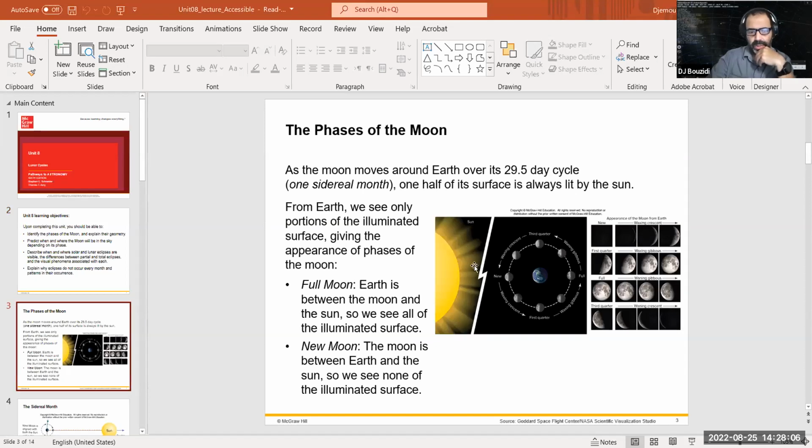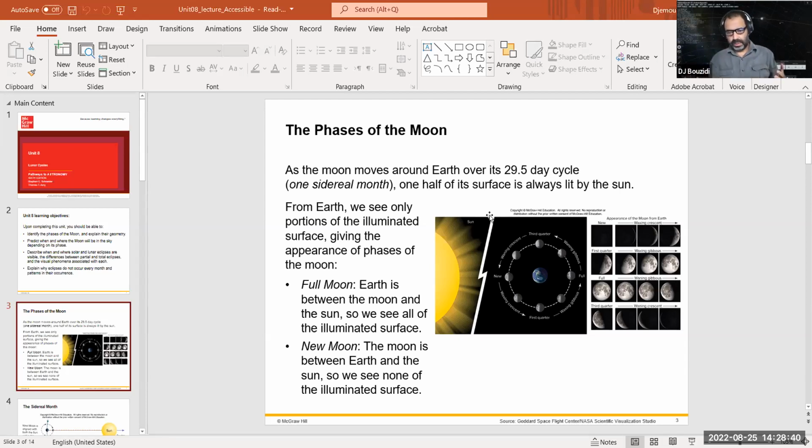Again, I said before, the moon takes about 29.5 days to go around the Earth. That's not true. It's 27.3 days, or 27 and a fraction of a day, to move around the Earth. But because we're referring to it in terms of how it's born for us, a new moon is born basically when it's on the same side of the sun.